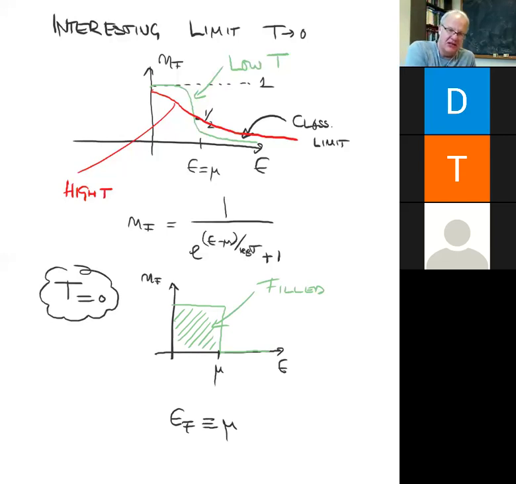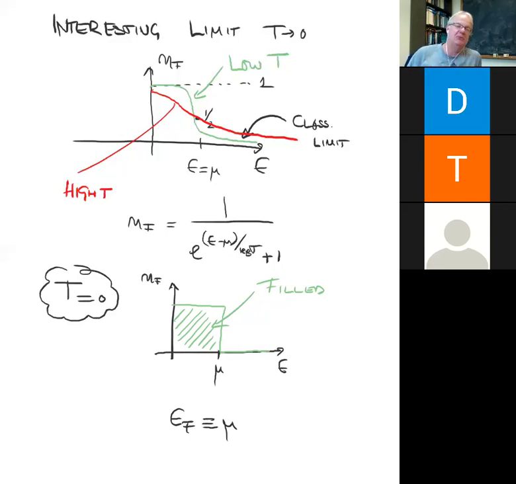Now, you might ask yourself, why is it that we need a name for the Fermi energy, given that it's just a chemical potential? Why don't we call it chemical potential? And the reason that that's being done is, strictly speaking, of course, all the systems that we're really interested in are not non-interacting. They have some interactions. And so real electrons in the metal are not non-interacting particles. They interact by the Coulomb interaction, and they have to interact with the ions and so on.